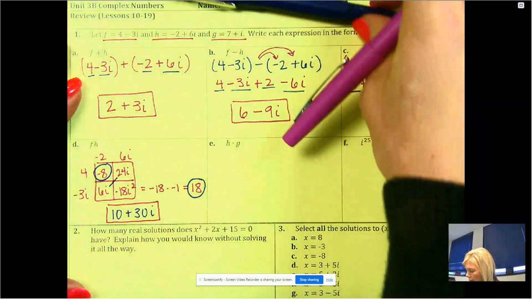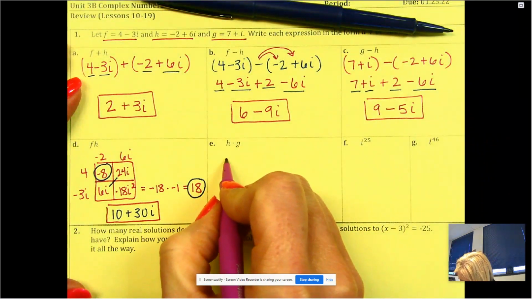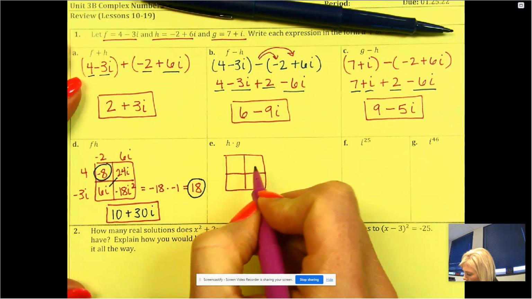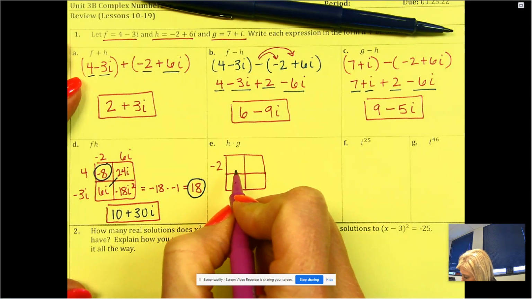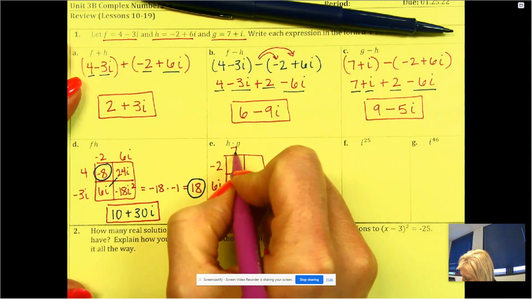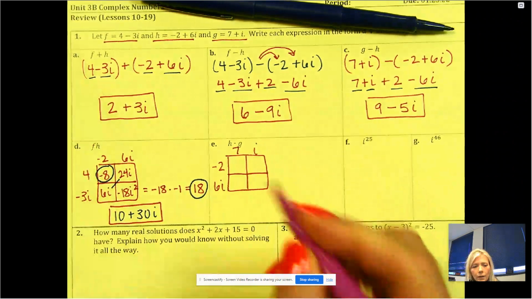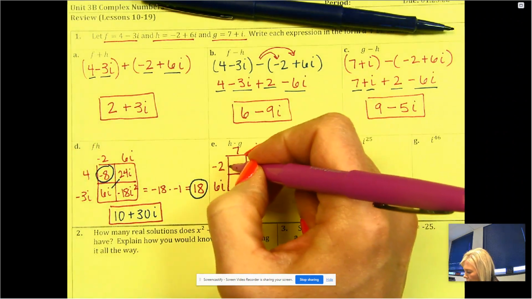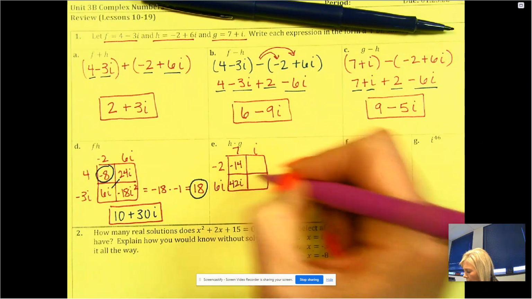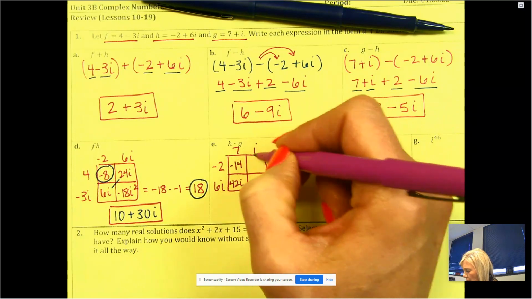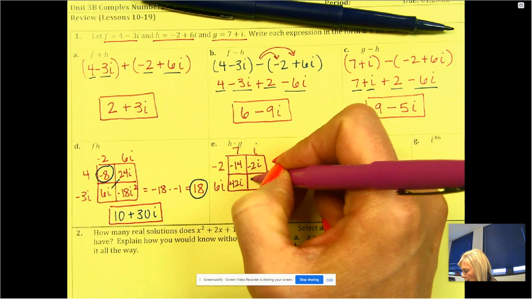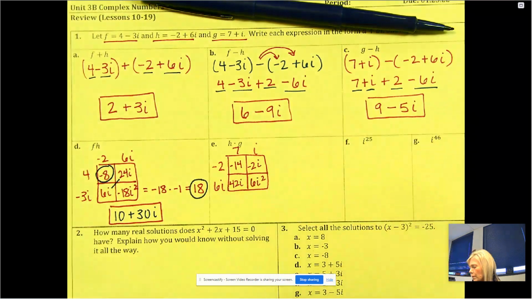All right. E is H times G. I'm going to do it the same way. So H is negative 2 plus 6i, and G is 7 plus i. All right, so 7 times negative 2 is negative 14. 7 times 6i is 42i. Then i times negative 2 is negative 2i. i times 6i is 6i squared.